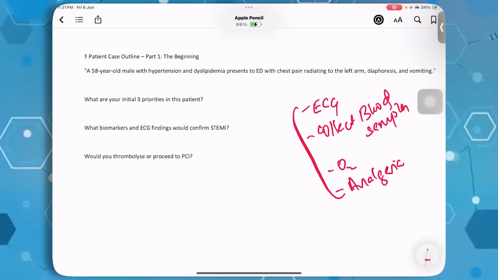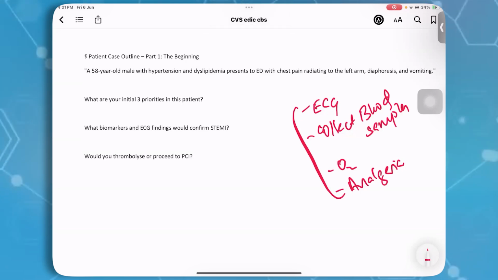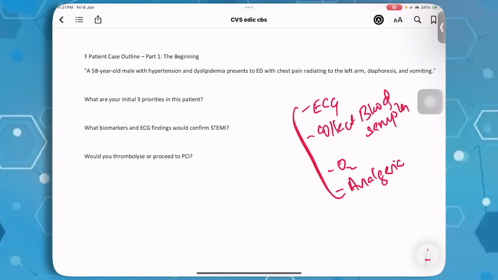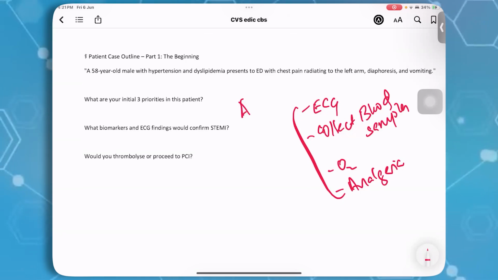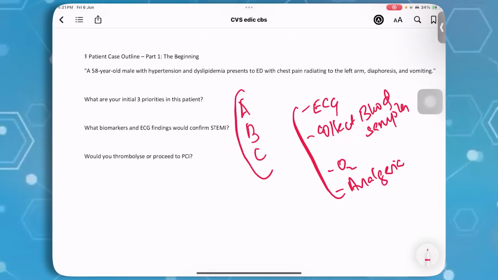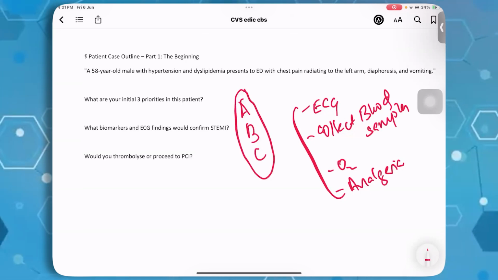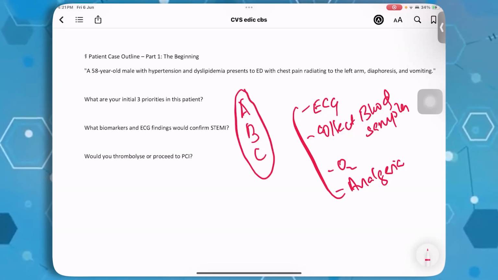When all of you are appearing in the EDIC exam, you must start with ABC. Okay, sir. Noted. These are your first 3 priorities.